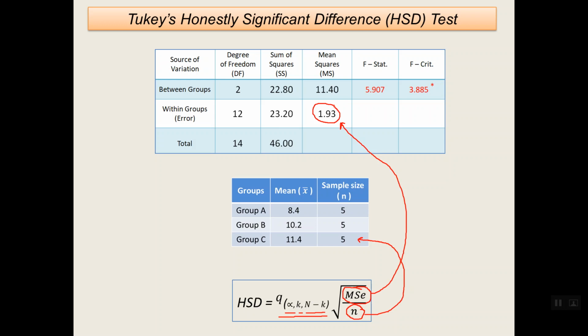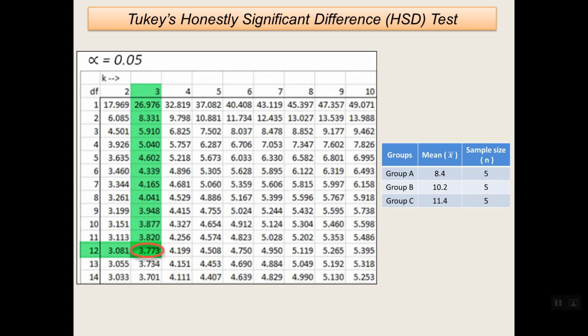So first, we will determine the value of Q, the studentized range from the distribution for this value. This is the table in order to determine the value of Q. The value of alpha is equal to 0.05.